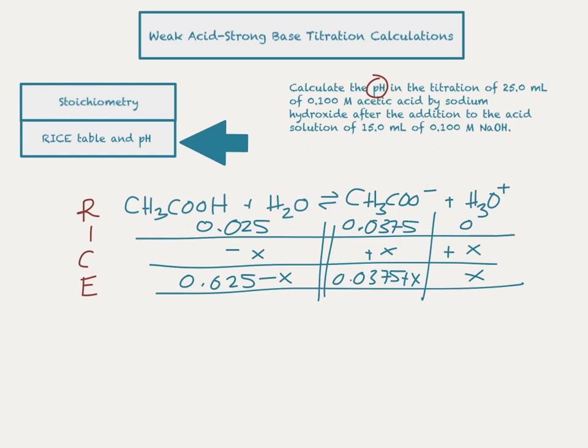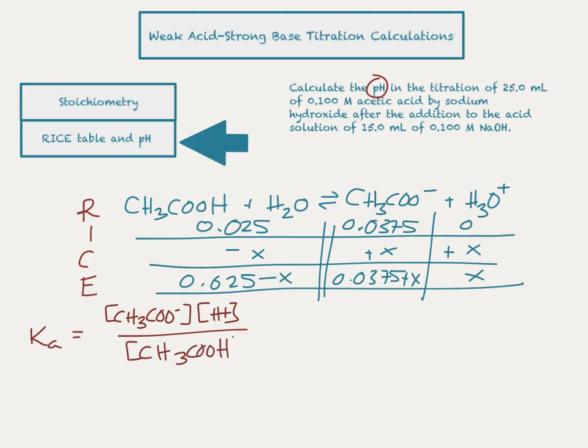Okay, now is a good time to set up your equilibrium constant expression where the Ka is equal to the products over the reactants and use the 5% rule to get rid of those plus and minus x's.